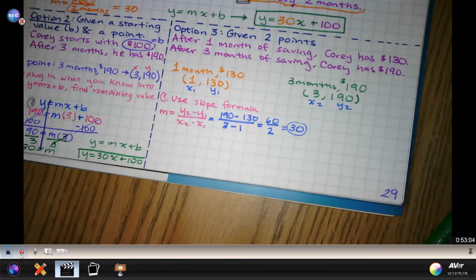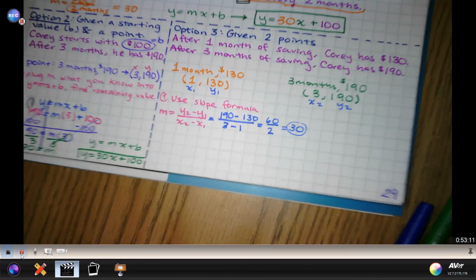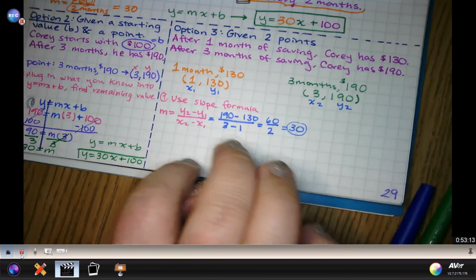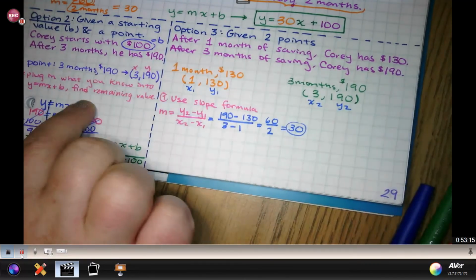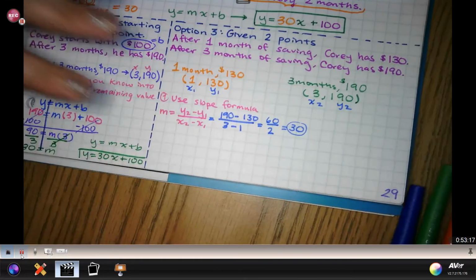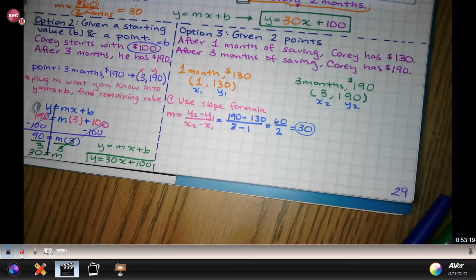Then what I want to do is find my b value. So to find my b value, I'm going to plug what I know into y equals mx plus b and find the remaining value. So just like I did over here.